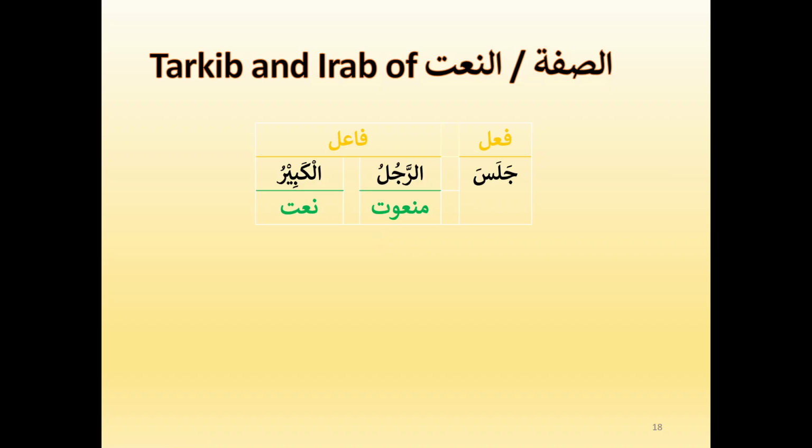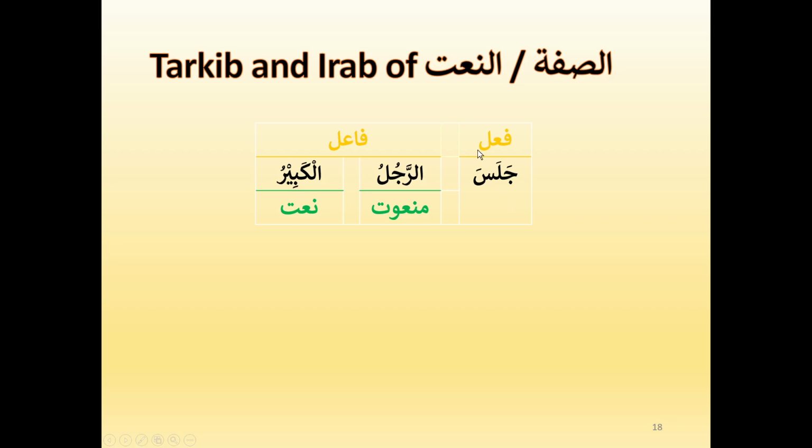Okay. Now we are looking at the tarkib. There's a difference in terminology when we look at tarkib and when we look at Irab. Tarkib, because we are concentrating on understanding the meaning. So who sat? The big man sat. That is the meaning. That's why we say the big man is the fa'il, and the fi'il is he sat.